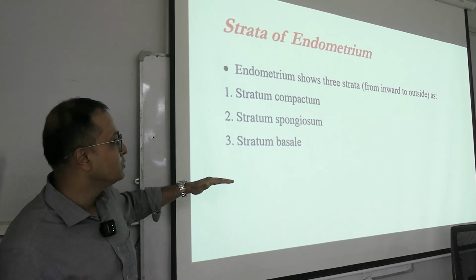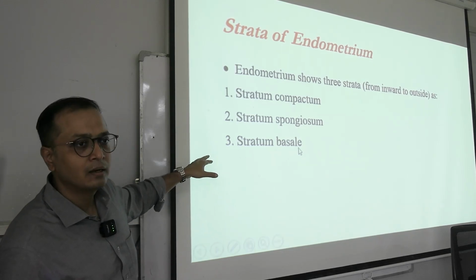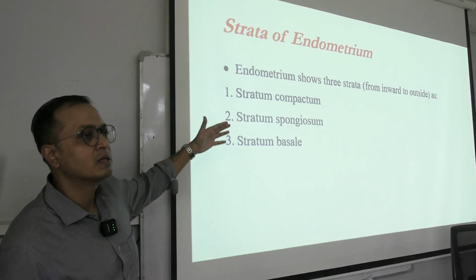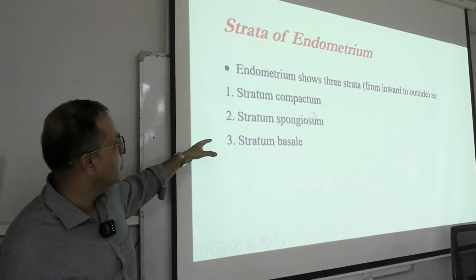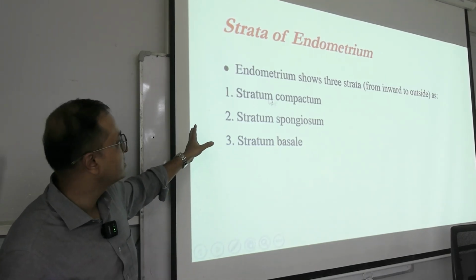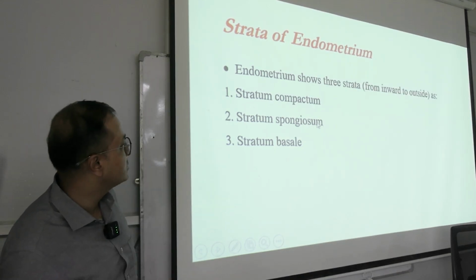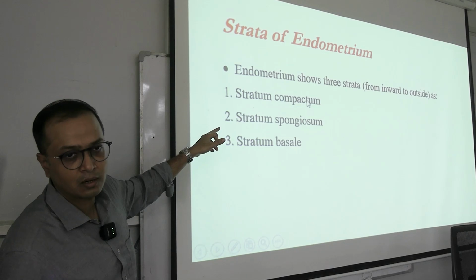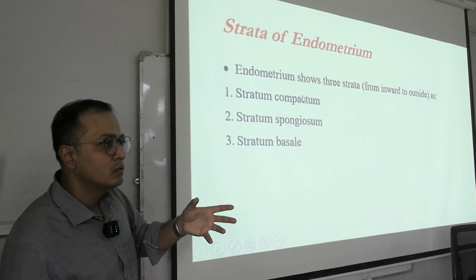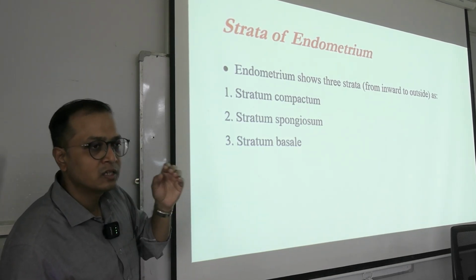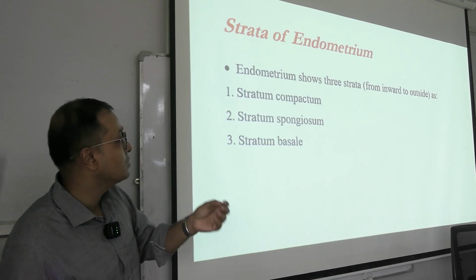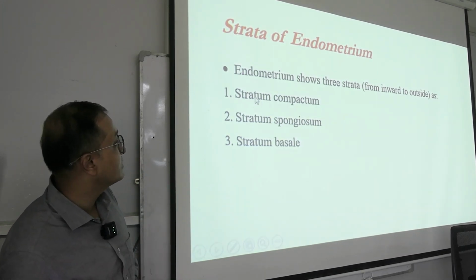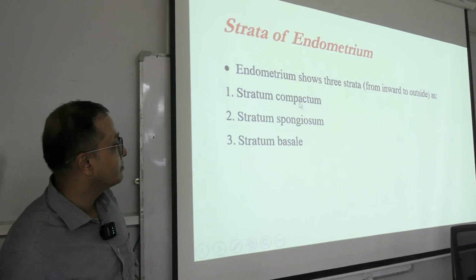The lowest zone we call the stratum basale. This zone lies right on top of the muscular zone. Then we have the middle layer, which we call the stratum spongiosum, and the stratum compactum. These layers go from the top of the middle layer, and this is the most superficial layer. The changes happening in the proliferative phase or the secretory phase manifest in the stratum compactum and stratum spongiosum.